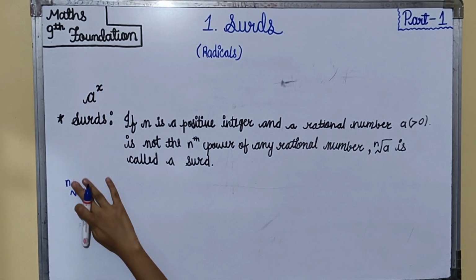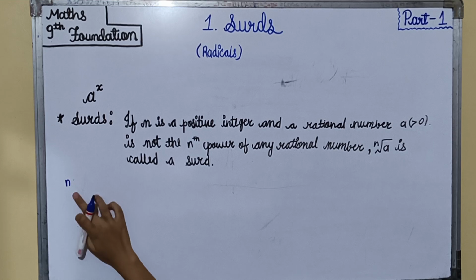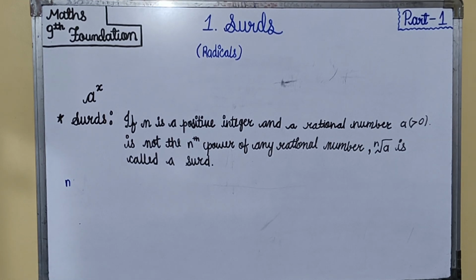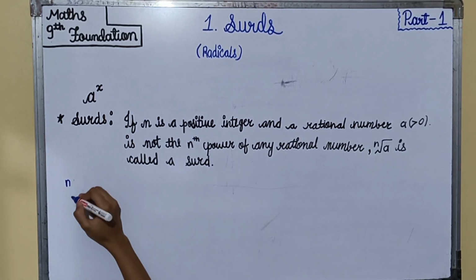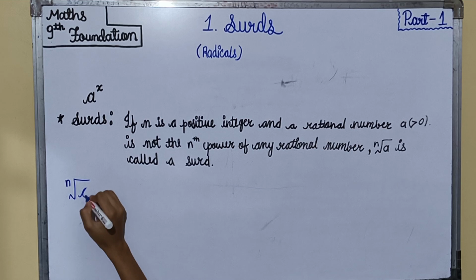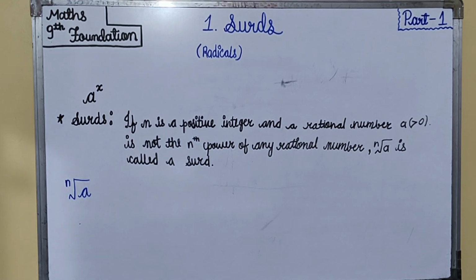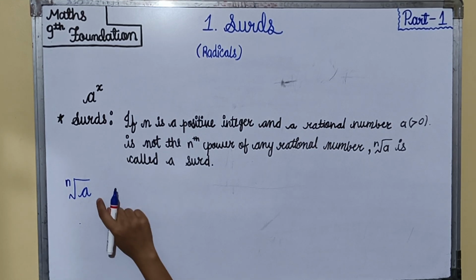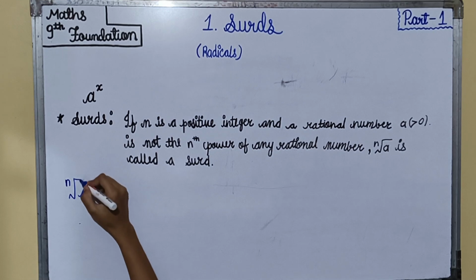And this n is called order of the surd. And root of a, that is the surd, is an irrational number. This says that the surd is an irrational number.